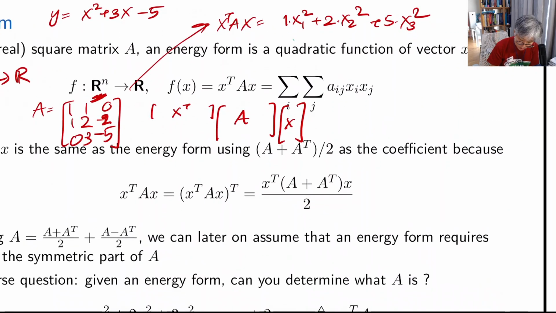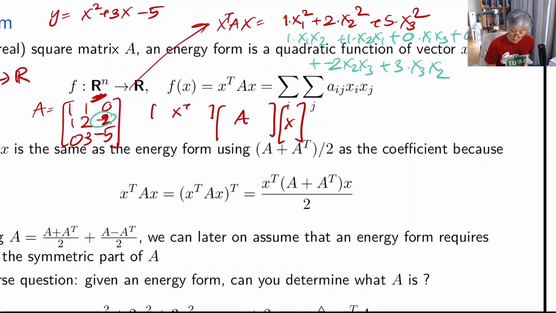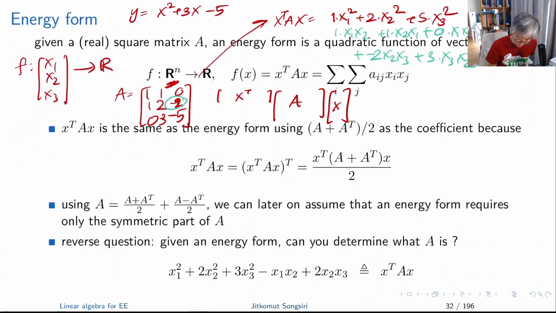It's going to be 1 times x1 x2, plus 1 times x2 x1, plus 0 times x1 x3, plus 0 times x3 x1. The last one would be the pair of x2 and x3. You would get negative 2 x2 x3 and plus 3 times x3 x2. Okay, this is how you expand the quadratic product.